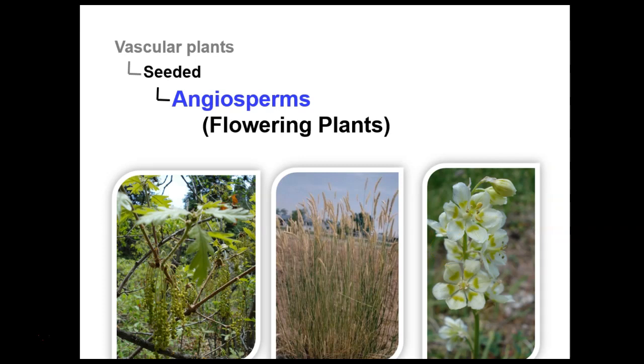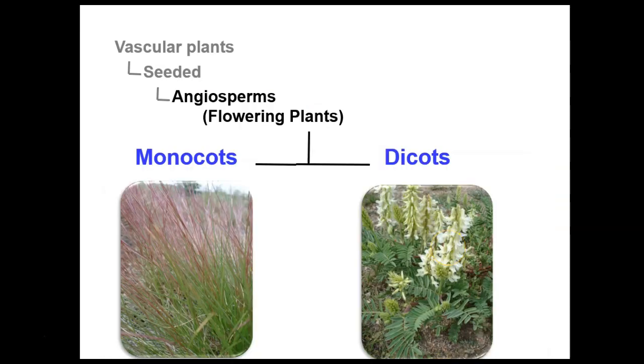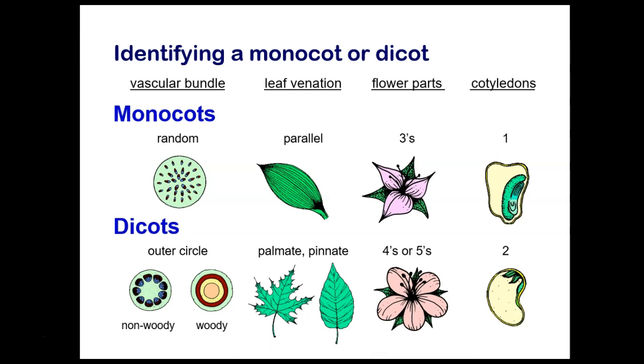Now, if we contrast this to this gymnosperm strategy for survival, wind and gravity pollinated, naked seed, we now look at angiosperms, the flowering plants. They have a completely different reproductive strategy. So among the angiosperms, we have monocots and dicots. Monocots and dicots demonstrate different ways of a physical morphology, a form, facilitating a function.